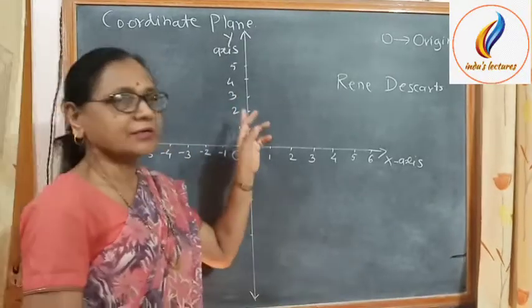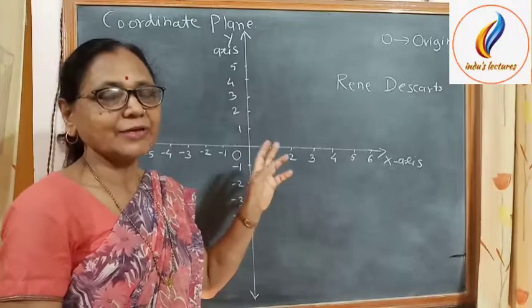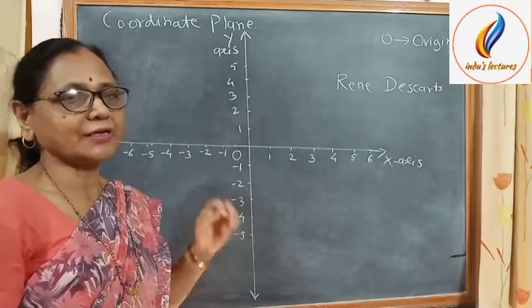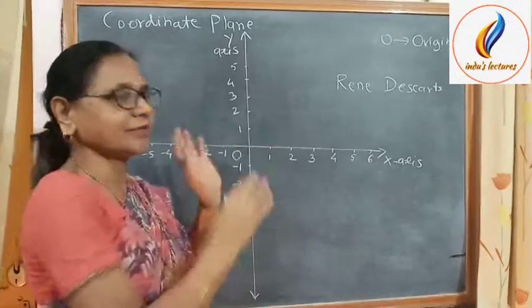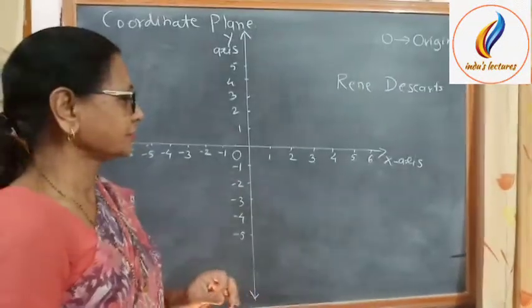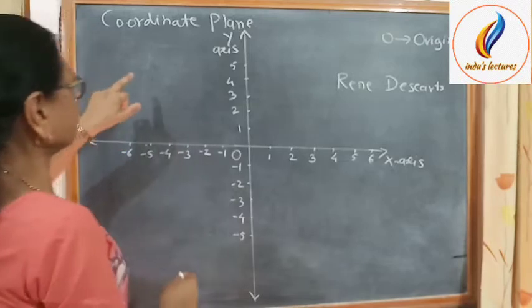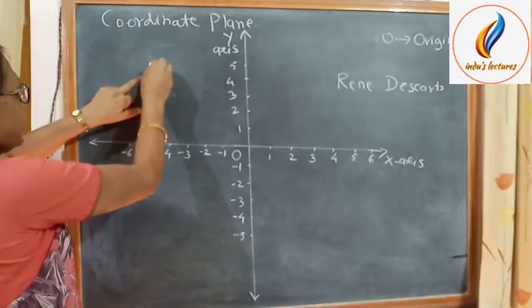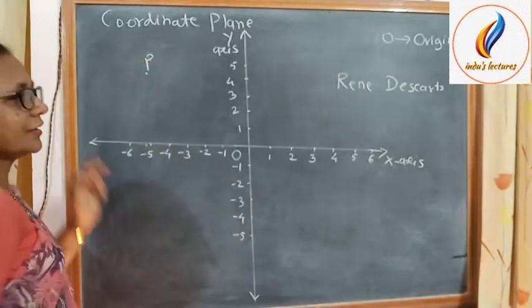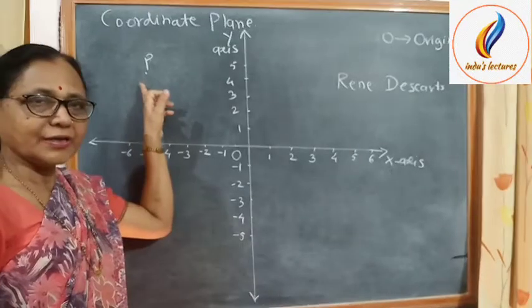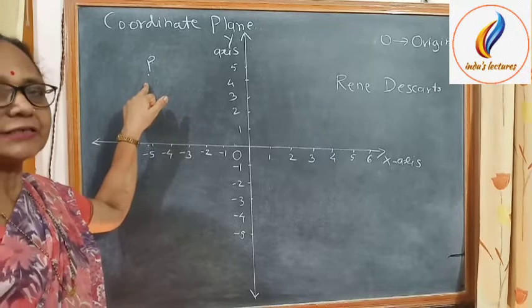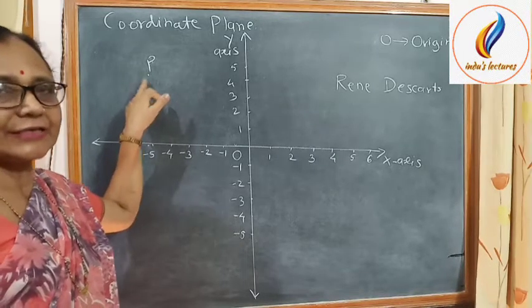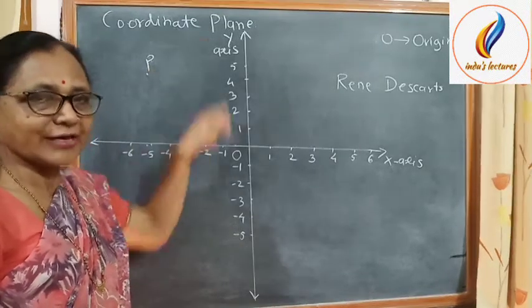Now why is it called a two-dimensional coordinate plane? Because if we consider any point anywhere in the plane, suppose we take one point here, say P, then the location of point P requires two things: its distance on the x-axis and its distance on the y-axis.